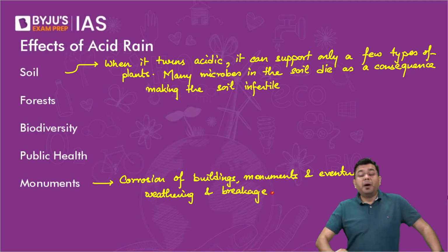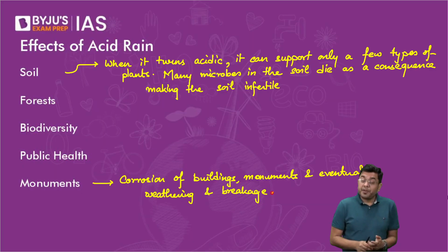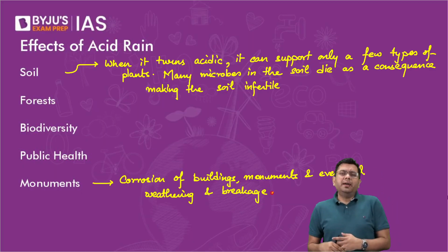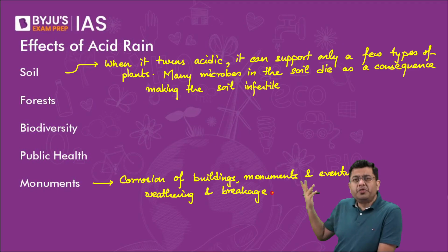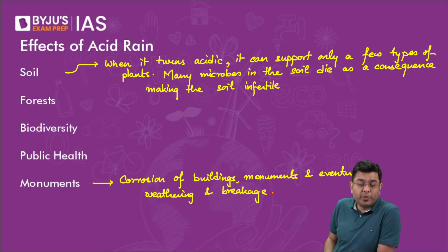In fact, during the entire crisis in Eastern Europe in the late 80s and the early 90s, during the warfare so much pollution was caused, and many fossil fuel based industries were situated in the region of Eastern Europe, so Eastern Europe suffered significantly from acid rain in the early 90s.